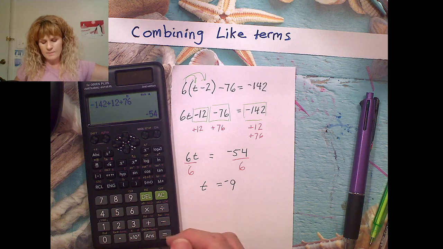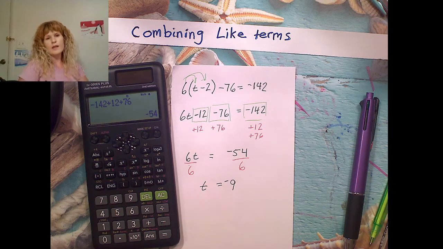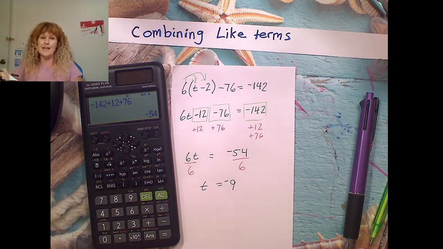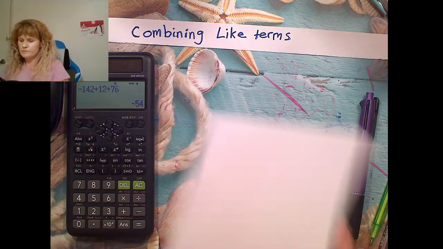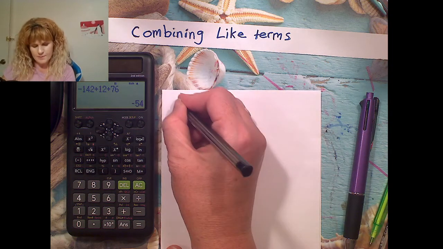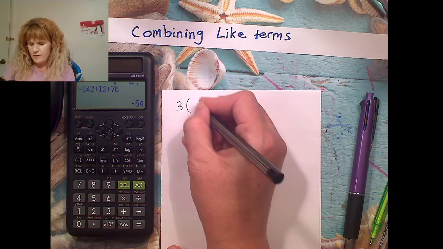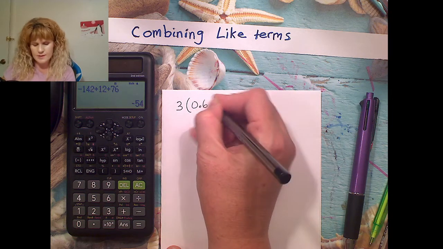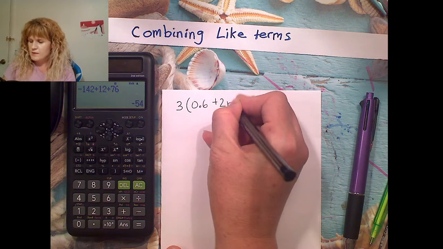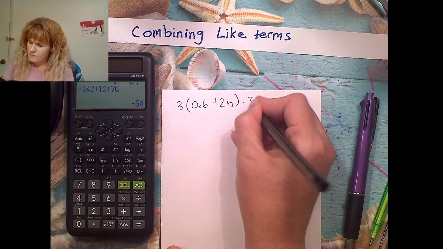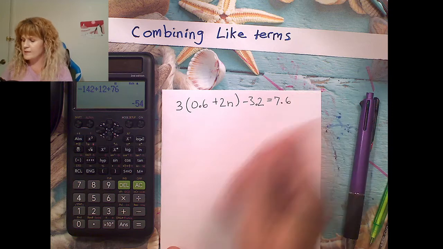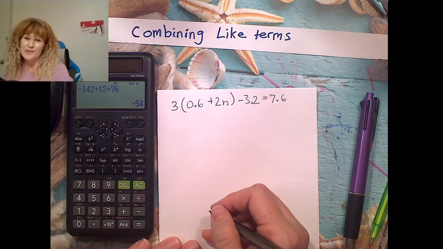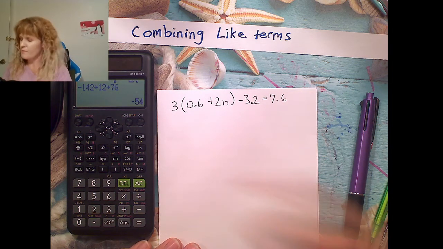Let's do another one. Now, let's try solving for an unknown when the equation has decimal points. Ugh. And our expression that we're going to solve: 3 times (0.6 plus 2n) minus 3.2 equals 7.6. What should I do first? Distributive property.